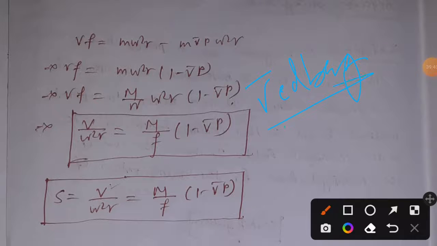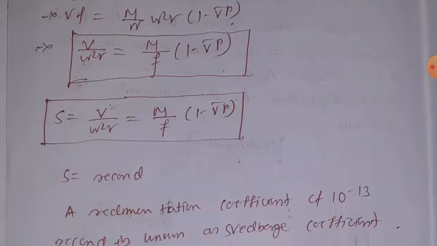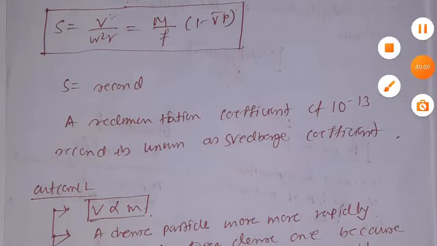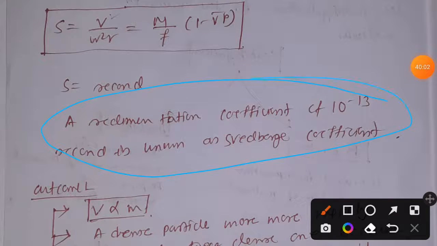They can ask you what a Svedberg is. When the sedimentation coefficient is 10 to the power minus 13 second, it is known as a Svedberg. Another thing to mention is that the sedimentation coefficient is expressed in seconds. So a sedimentation coefficient of 10 to the power minus 13 second is known as a Svedberg.